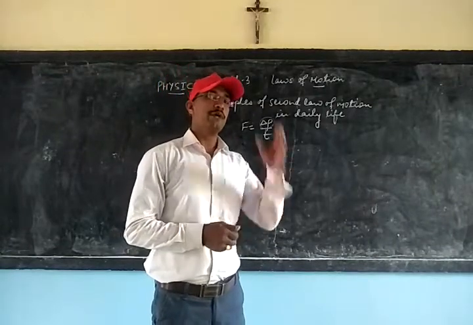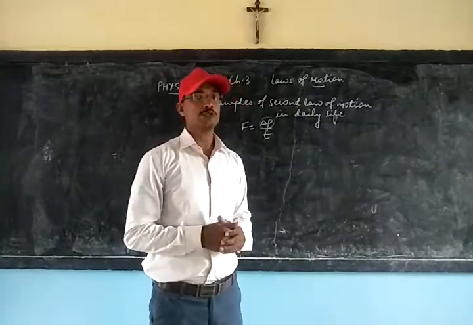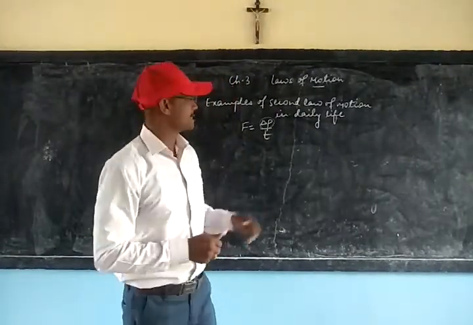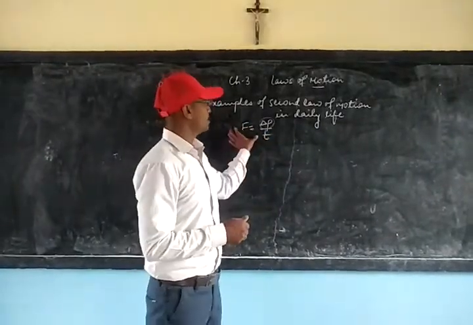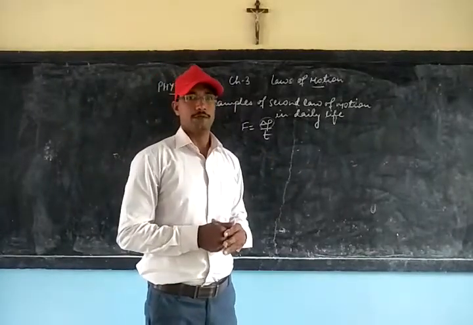Same is the case when we hammer a nail. Here also we apply a large force for a very small duration. So this is the meaning we can obtain from the expression of Newton's second law of motion.